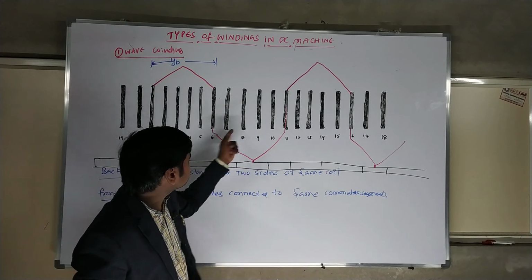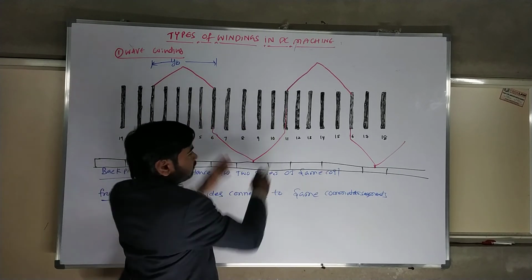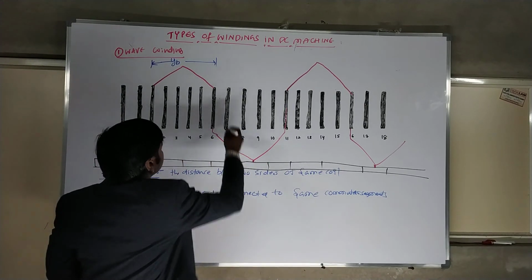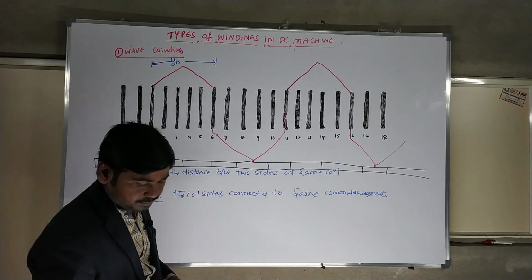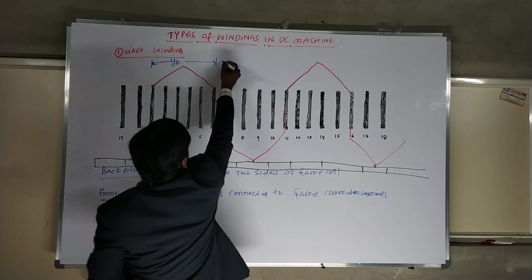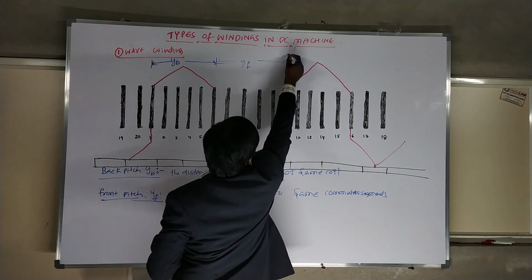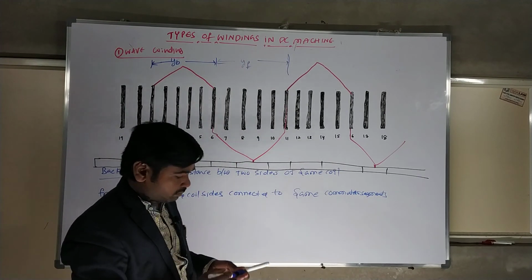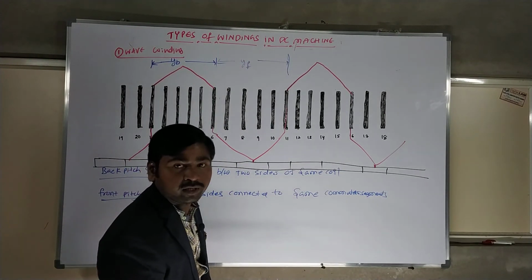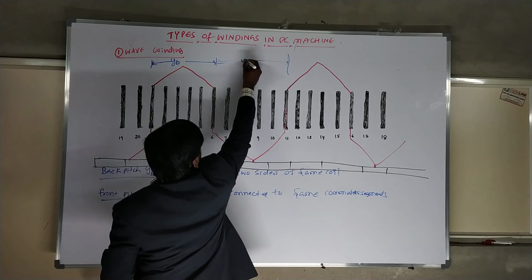In between, how many slots will there be? This is nothing but the front pitch, Y suffix f.